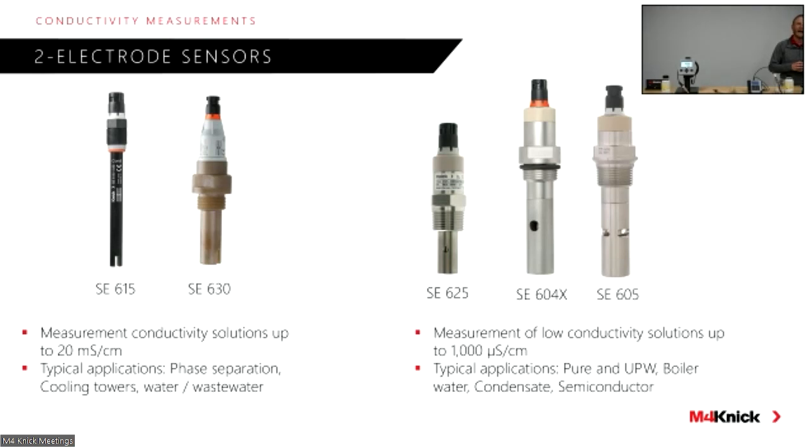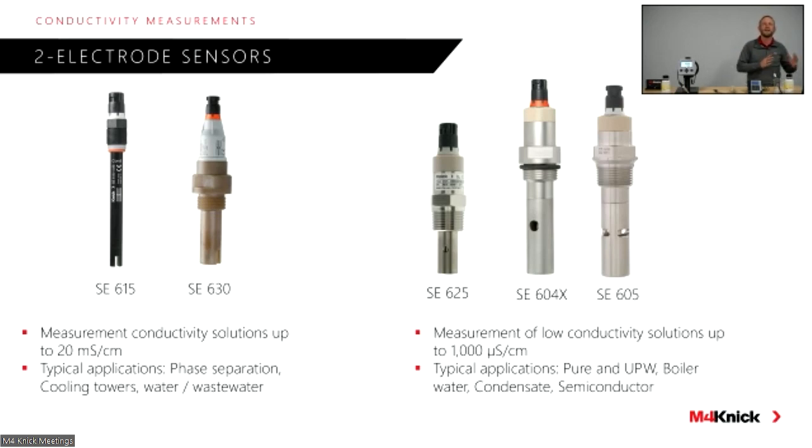And the coaxial style sensor on the far right, the SE605 and SE604, and of course the SE625, have very small cell constants. And a small cell constant typically consists of a large surface area, but a short distance in between those two electrodes. And small cell constants are most commonly used for tight, small measurement ranges, right?